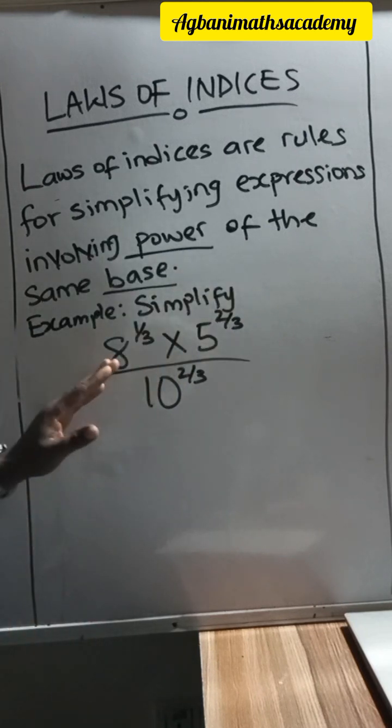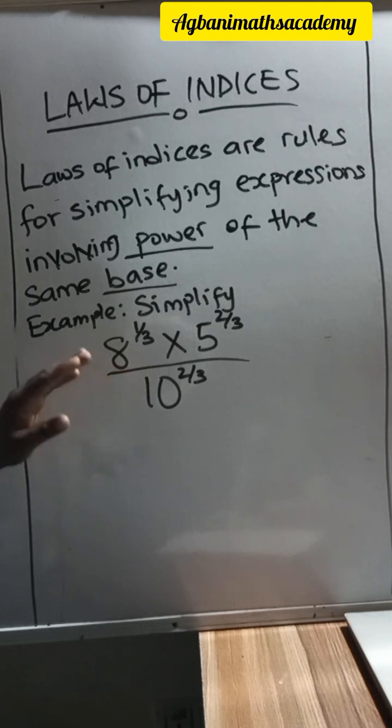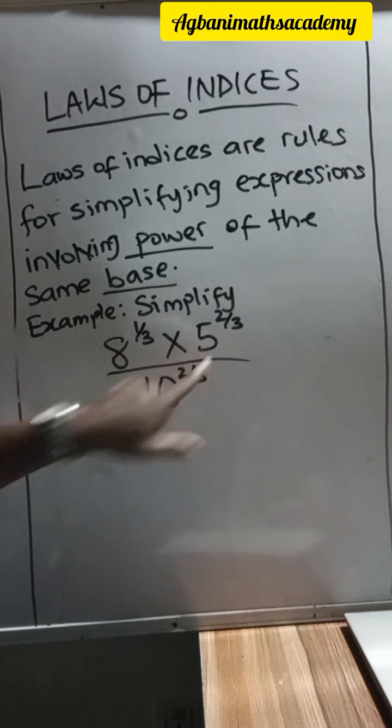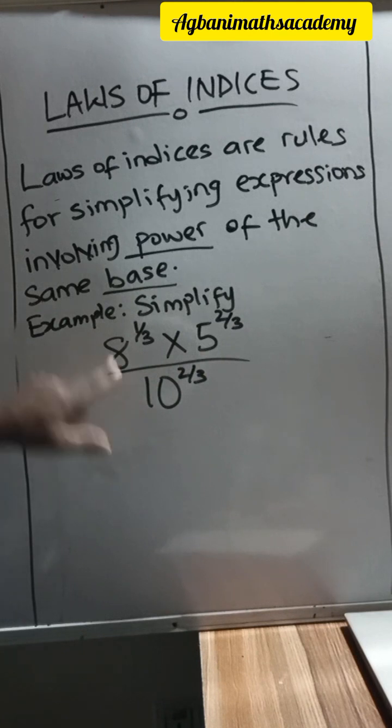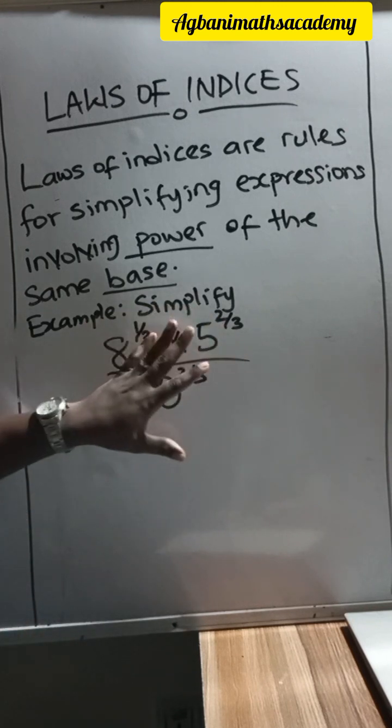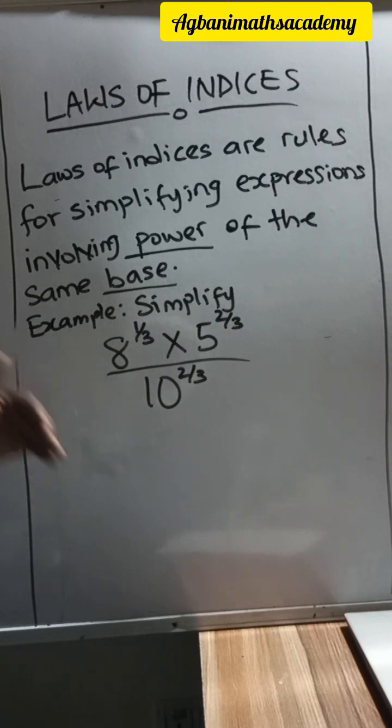Here, there's an issue: the base here is 8, the base here is 5, the base here is 10. So we cannot apply any law of indices because the bases are not the same. Therefore, we need to manipulate this expression in order to get the bases to be the same.